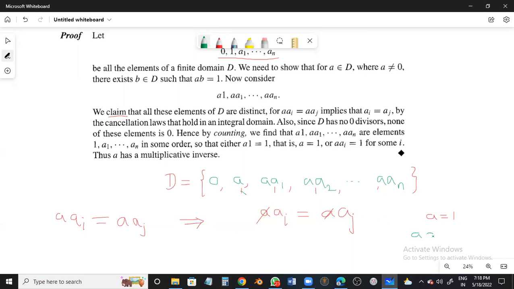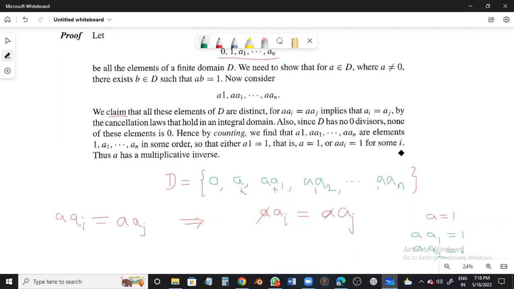If a into a1 is 1, it means a1 is the inverse of a. If this is also not true, I will go to the next. If a into a2 is 1, then a2 is the inverse of a, and so on. So somewhere you have to find a multiplicative inverse.